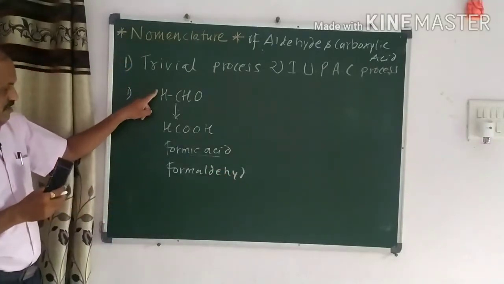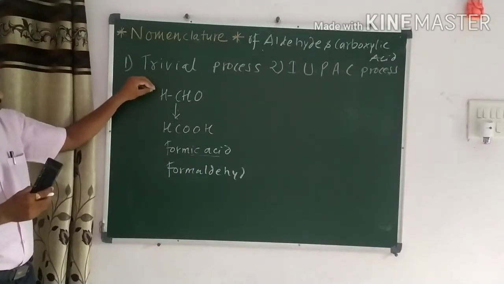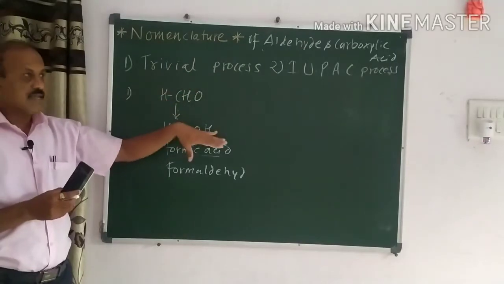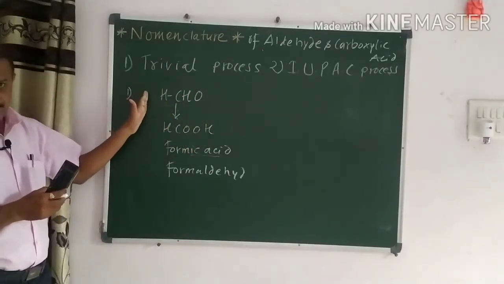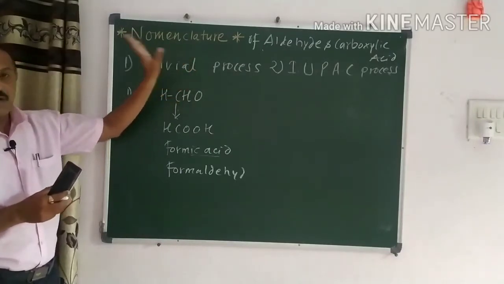That means the name of this compound is formaldehyde. In this way we also give the name acetaldehyde, which is derived from acetic acid. So this is the general way of giving the name by the trivial process to the aldehyde.